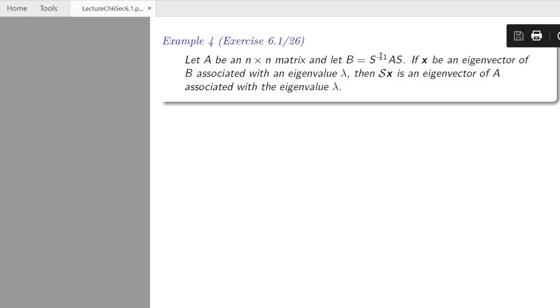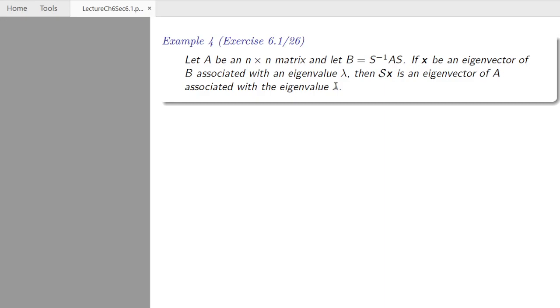The reason we precisely write B equals S inverse times A times S is because we want the following conclusion. If x is an eigenvector of the matrix B associated with the eigenvalue lambda, then S times x is the eigenvector of matrix A associated with the eigenvalue lambda.